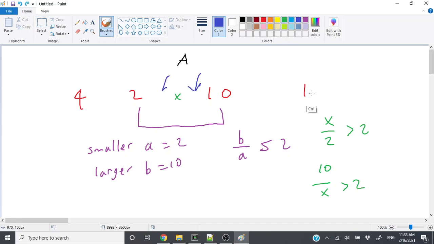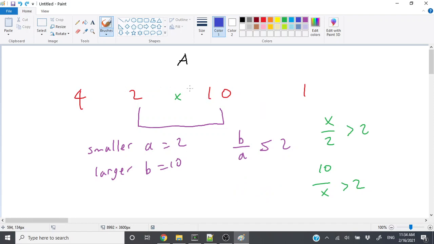So what we want is to make x within 2 of at least one of these. We would either want 10 over x to be less than or equal to 2, or x over 2 to be less than or equal to 2. Either way, we want one of those to be true.